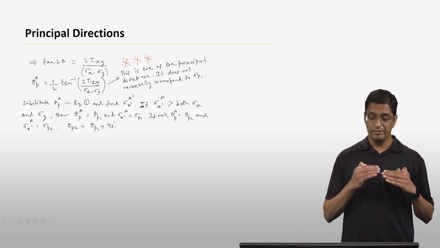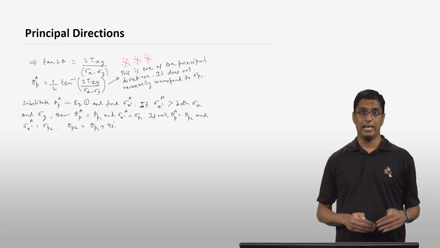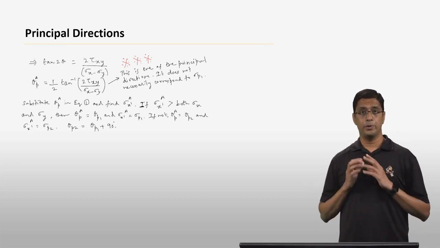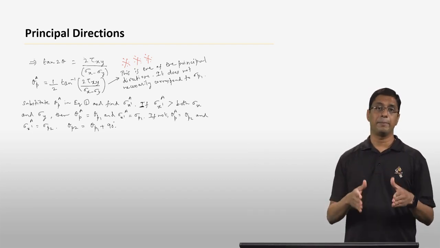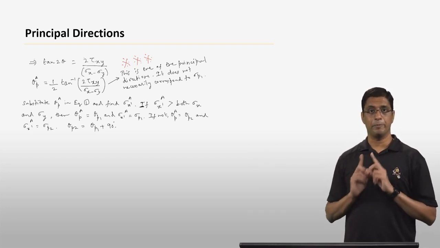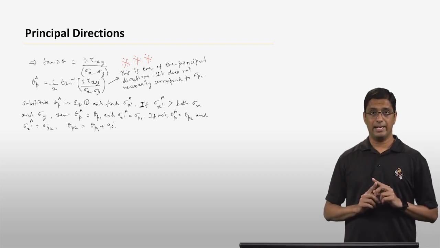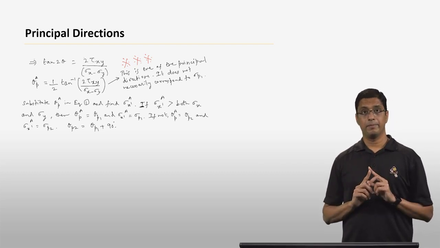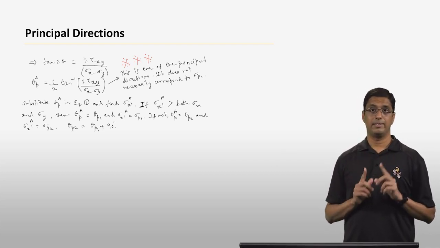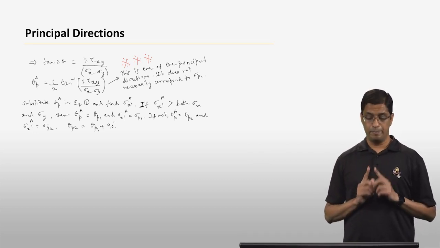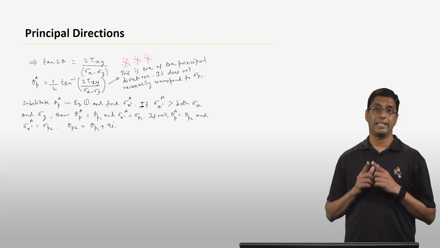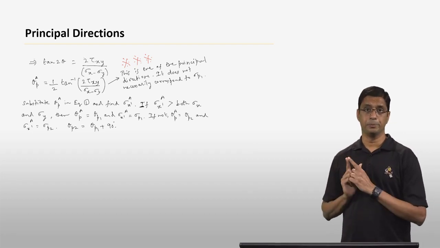If sigma x prime a is greater than both sigma x and sigma y, then this theta pa corresponds to theta p1. On the other hand, if sigma x prime is lower than sigma x and sigma y, then this theta pa actually corresponds to theta p2.